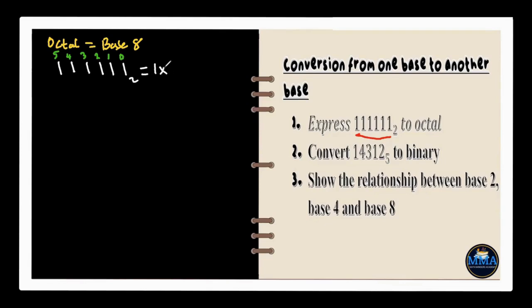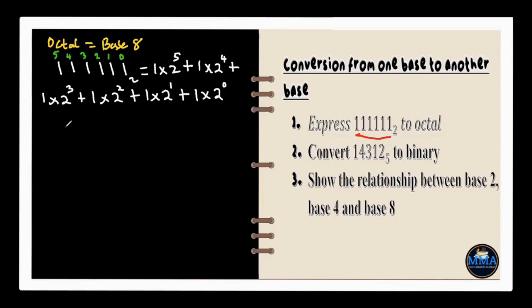We take this first 1 times the base 2 raised to the power of 5, plus we take the second 1, multiply by the base 2 raised to the power of 4, plus 1 times the base raised to the power of 3, plus 1 times the base raised to power 2, plus 1 times the base raised to power 1, plus 1 times the base raised to power 0.